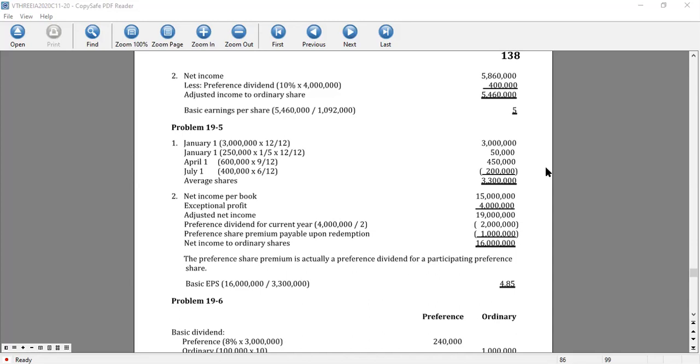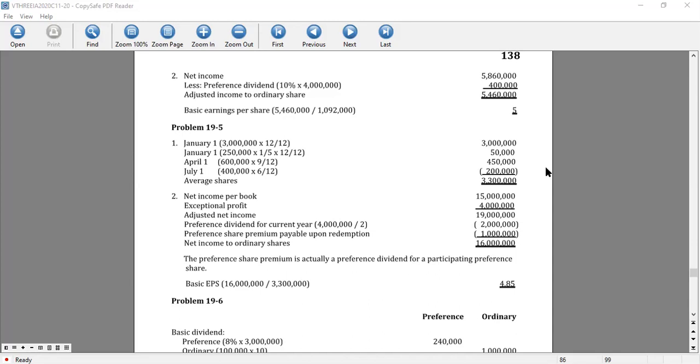Compute the basic earnings per ordinary share and per preference share. We have now London Company with the following share capital at the end of the current year. Preference share capital, 30,000 shares. Ordinary share capital, 100,000 shares. And net income for the year.